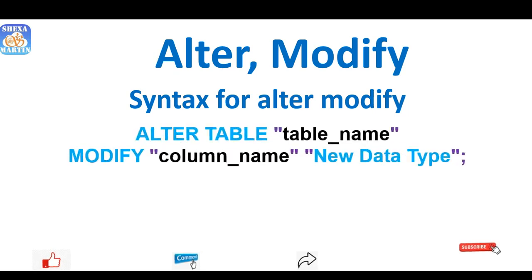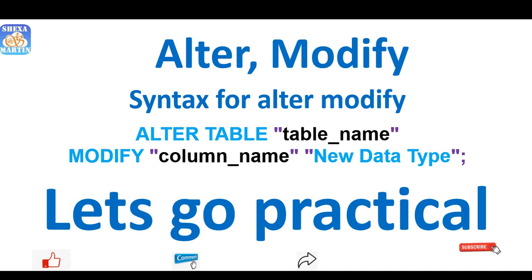You write ALTER TABLE, then you specify the table name without quotes, and then you specify MODIFY, and state the name of the column that is going to be changed, and then you state the new data type and maybe the length of the values that are allowed in there.